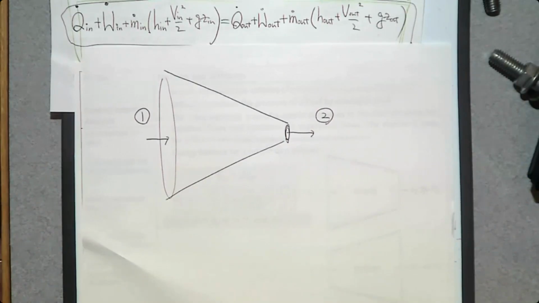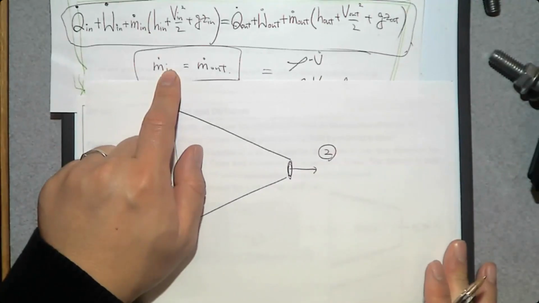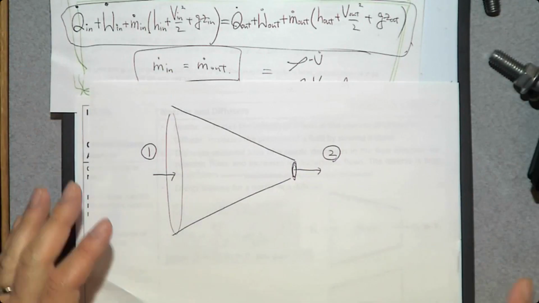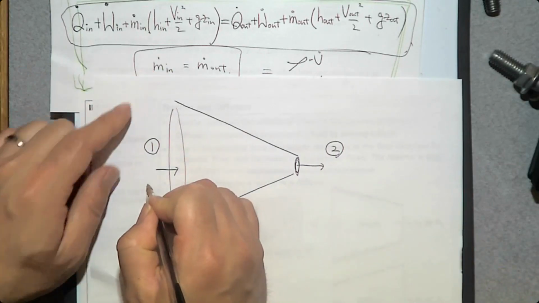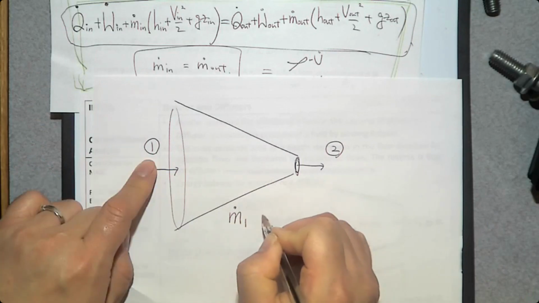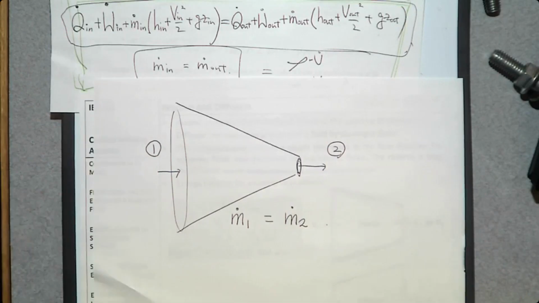The first one is the energy balance equation. The other one is the mass balance equation. Which one is easier? The mass balance. So let's talk about mass balance. The mass flow rate at the inlet, number 1, should be the same as the mass flow rate at the exit, number 2. Okay, that is the conservation of mass balance equation.